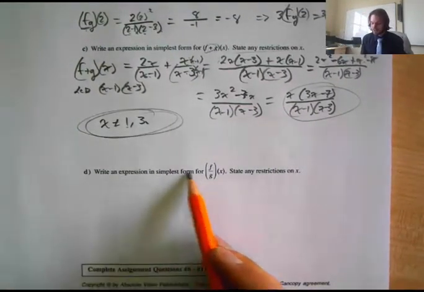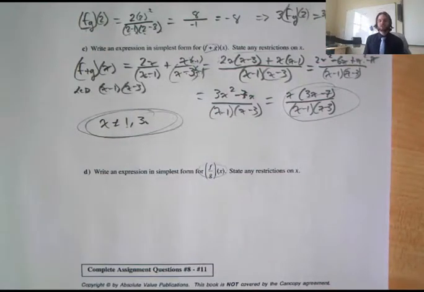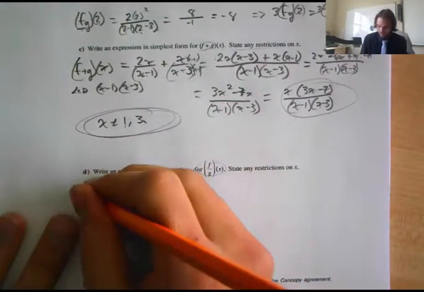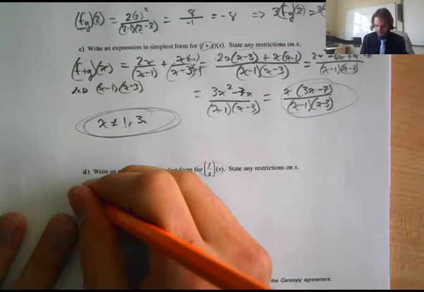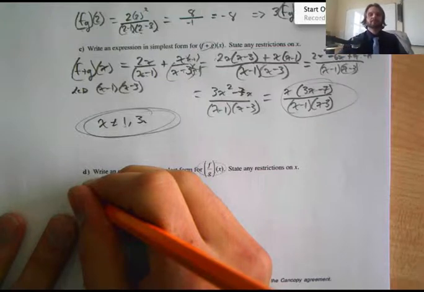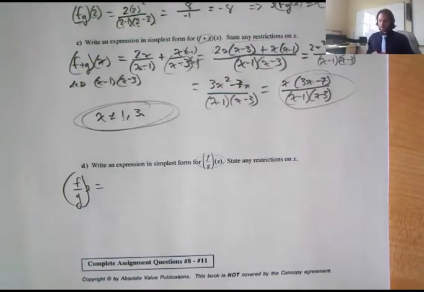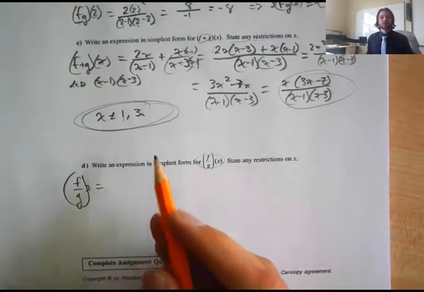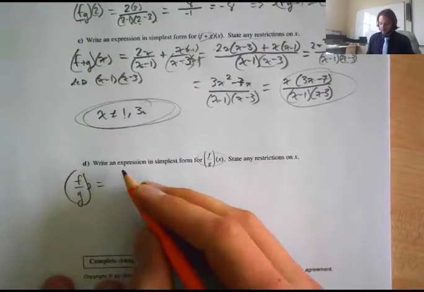It says write the expression in simplest form as a division and state restrictions. So we want division. Let's write this out: we want f of g of x, so we're dividing rational functions. If you remember, we do leave same, change, flip. To start off, I'm going to write out each of my expressions.